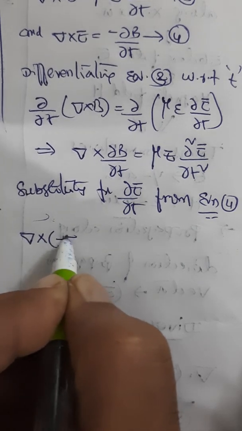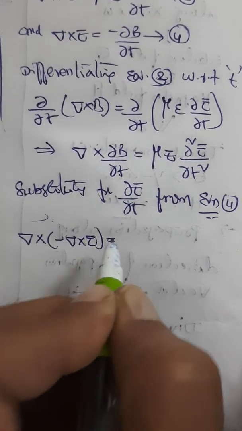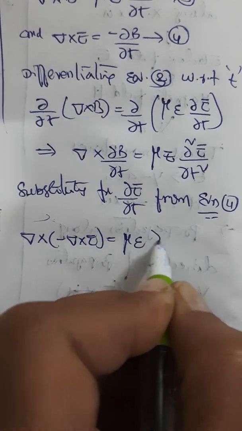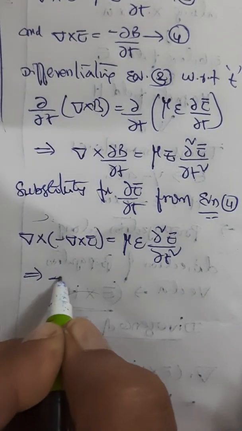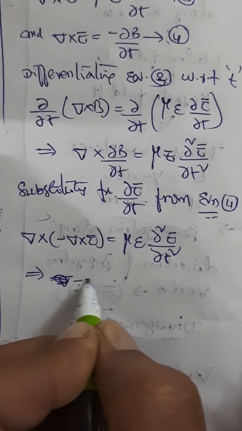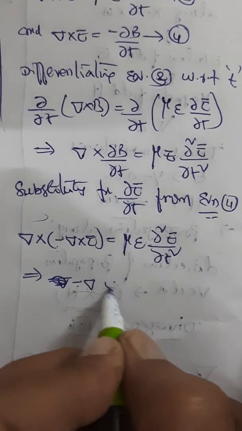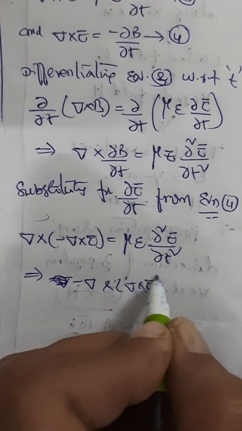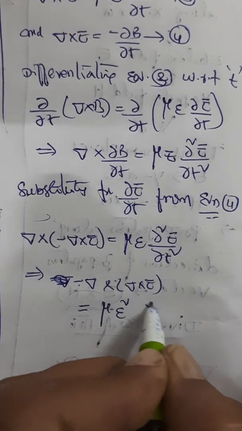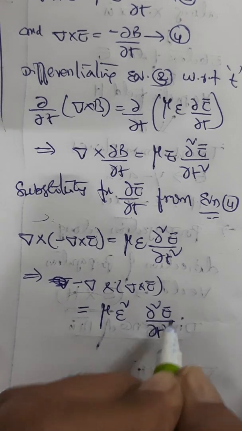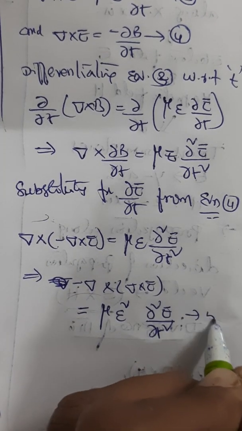Del cross minus del cross E is equal to mu epsilon into dou square E by dou T square. That is minus del cross E is equal to mu epsilon square dou square E by dou T square. Call it as equation 5.